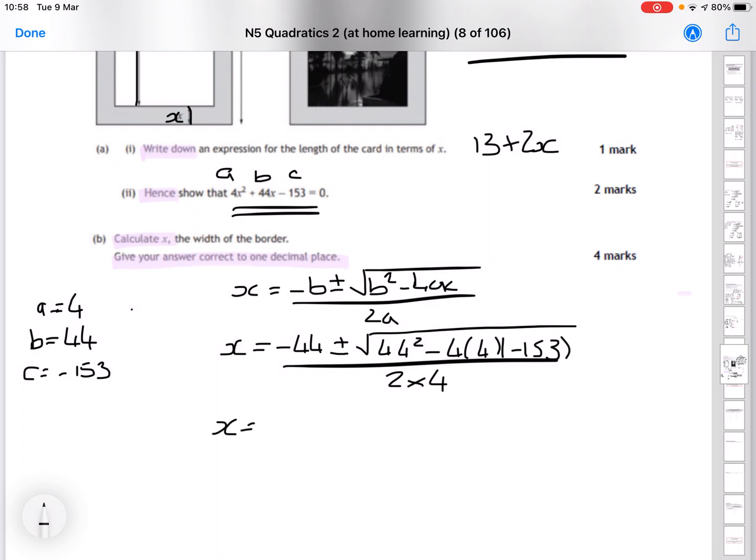So working through to tidy this up, we've got minus 44 plus or minus. So 44 squared is 1936. We then have minus 4 times minus 153. So the two negatives multiplied go back to plus, and then it's plus 2448, over 8.